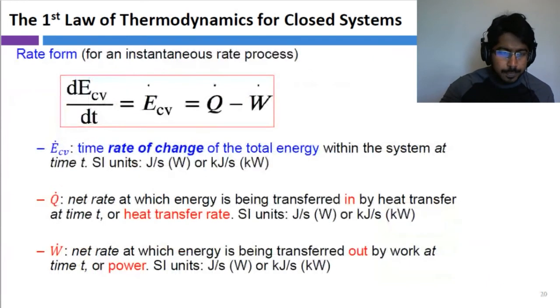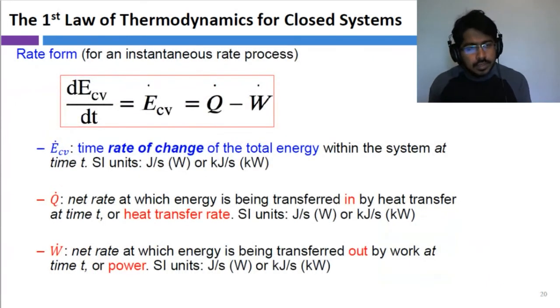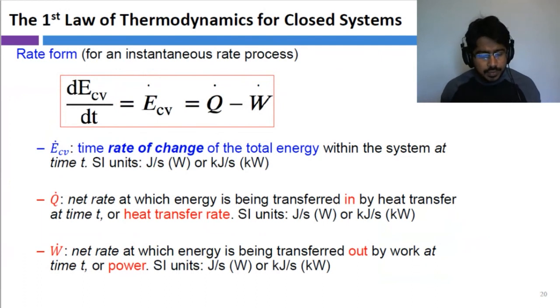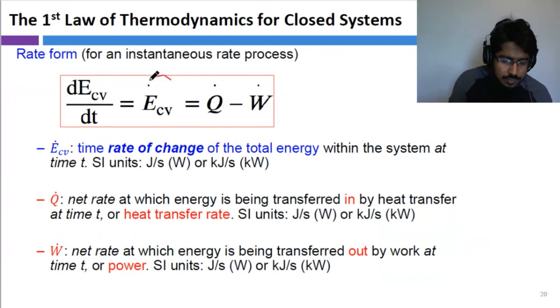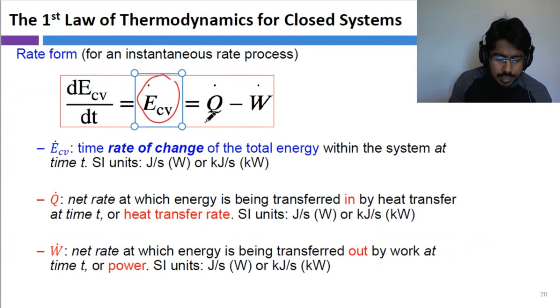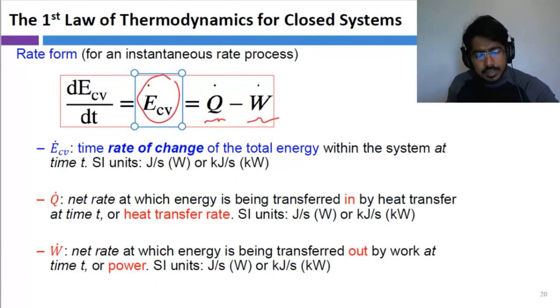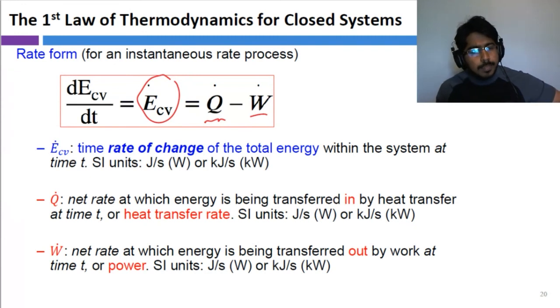So the very same equation: the energy change of the system is equal to heat transfer minus the work done by the system. Heat gain minus the work done by the system, right? If we differentiate the entire equation by time, we can get a rate form.